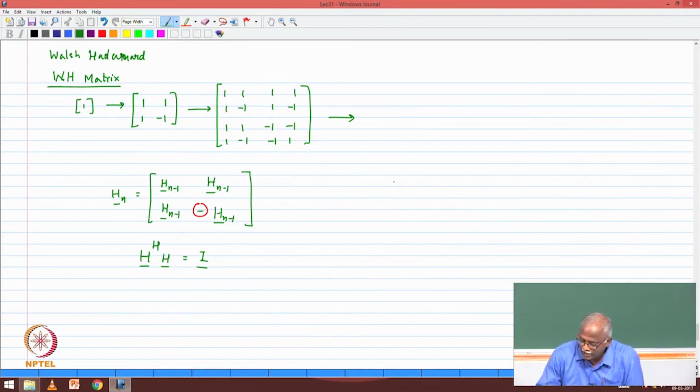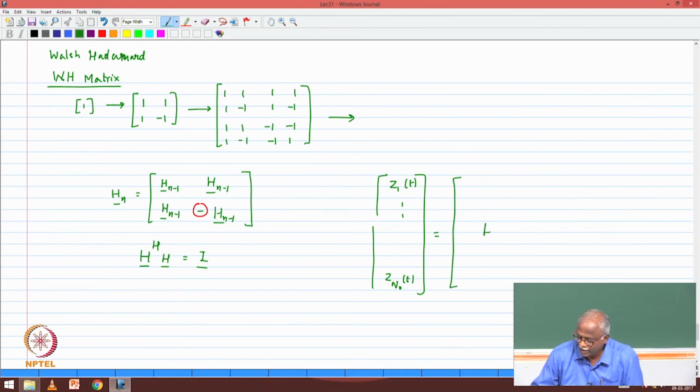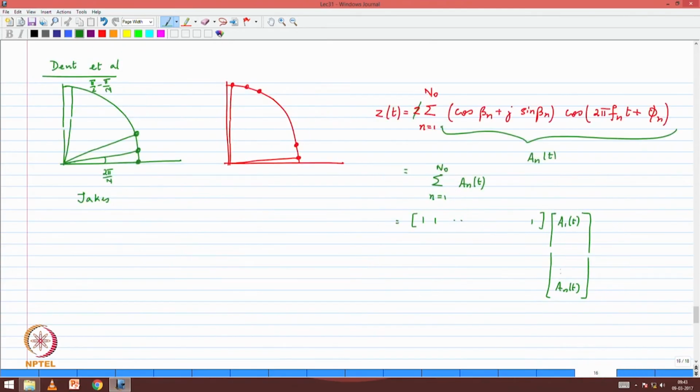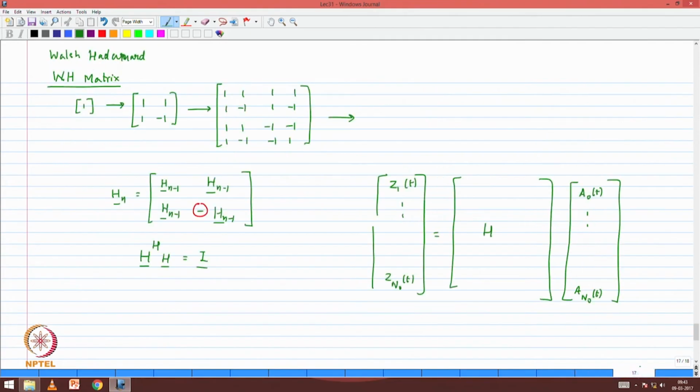Okay. Now, if I now write the following result, Z1 of t all the way to Zn naught of t to be equal to a Walsh-Hadamard matrix of the appropriate size times A naught of t all the way to A n naught of t. So, what I have done from the previous line, I took the same functions A naught to A1 and rewrote it in terms of the Walsh-Hadamard matrices.